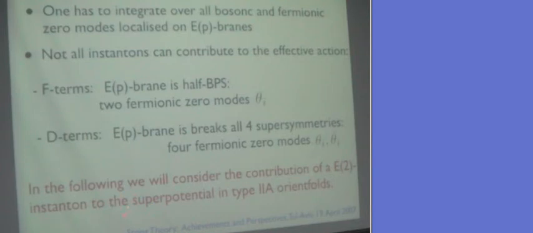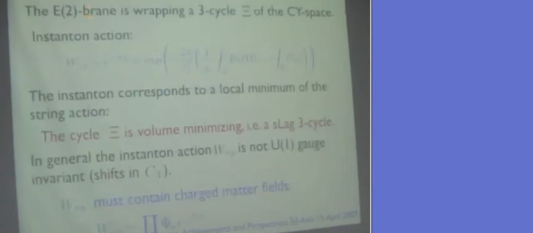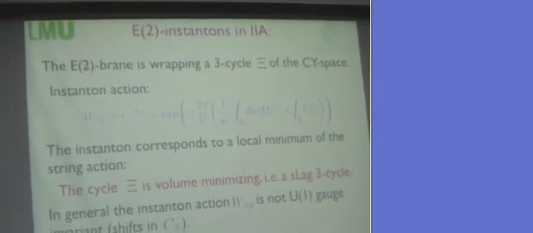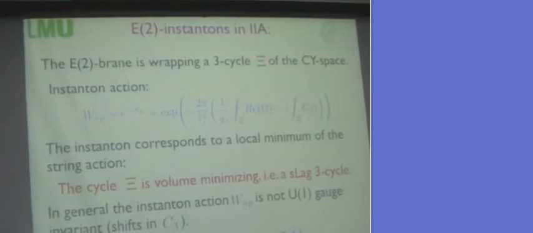So in order to be specific, again, we will consider in the following the contribution of an E2 instanton to the superpotential in type IIA orientifolds. But the mirror picture, type IIB, I think, could also be easily done. So to again recall, the E2 brane wraps now a 3-cycle, which we call Xi.